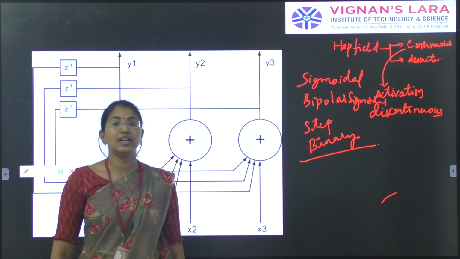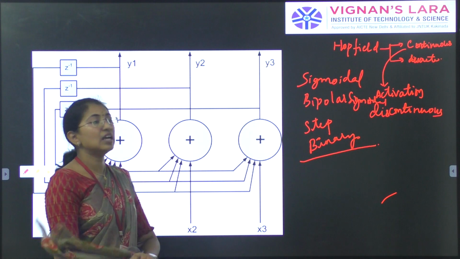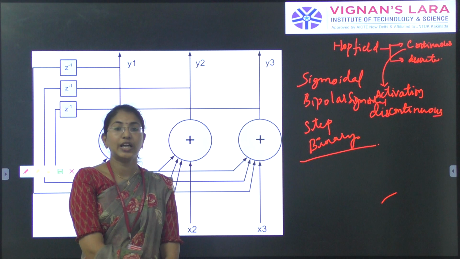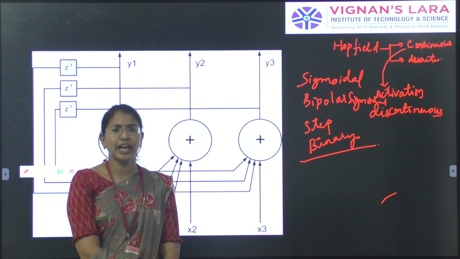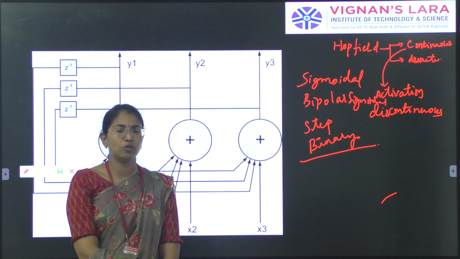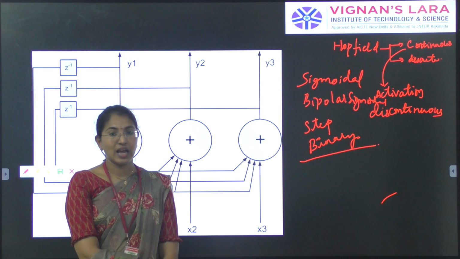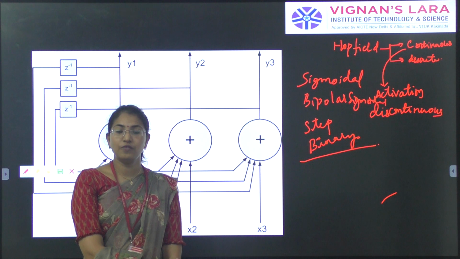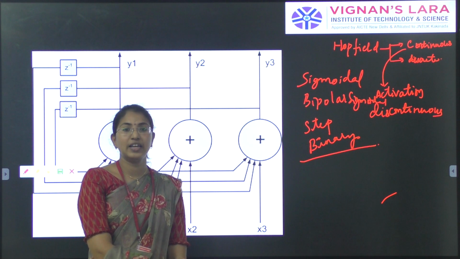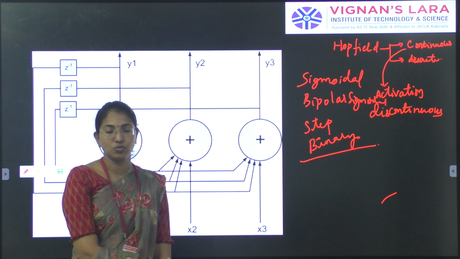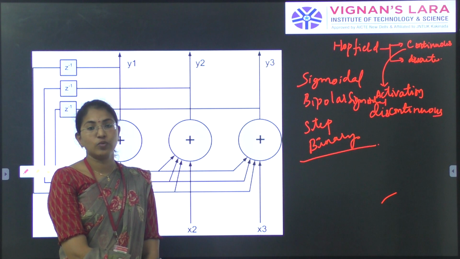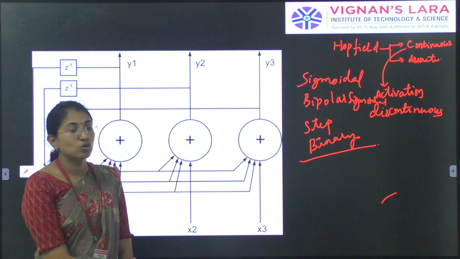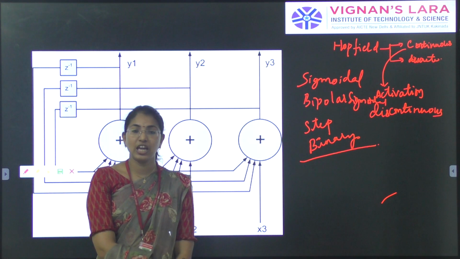So if continuous activation functions like sigmoidal are used in a Hopfield network, even at the hidden layer or the output layer, that is called a continuous Hopfield network. If step or binary activation functions are used, that type of network is called a discrete Hopfield network. So those are the two types of classifications.